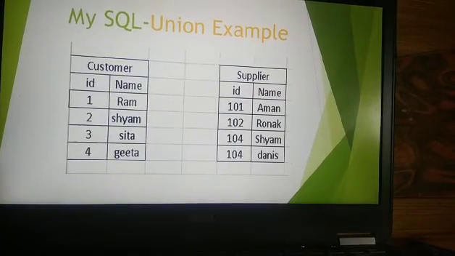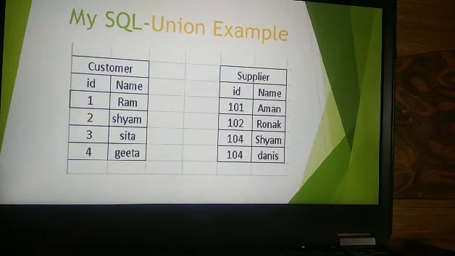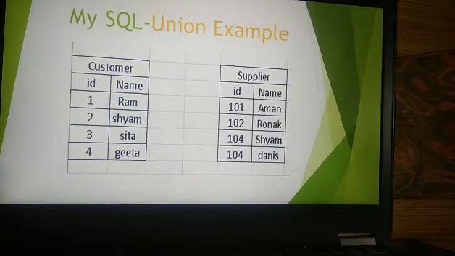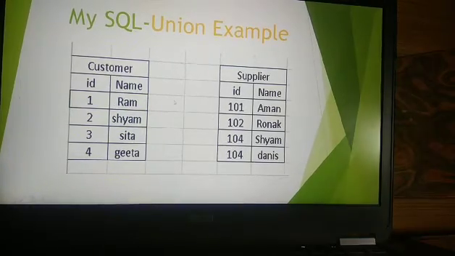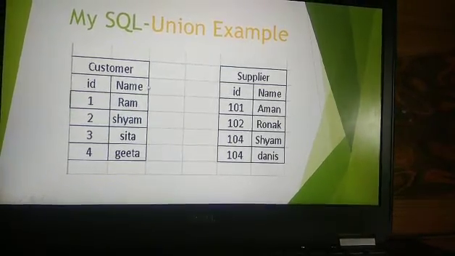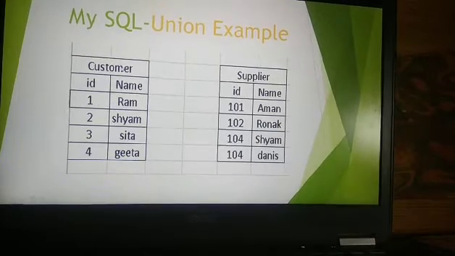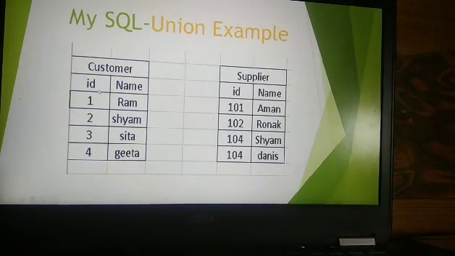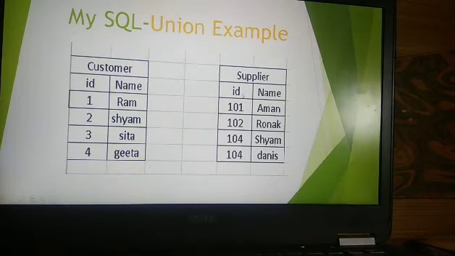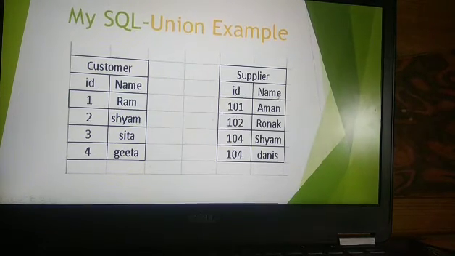Now we will take an example of how we can use the UNION operator. You can see in this example we are using two tables, the customer and supplier tables. In the customer table we have two columns, ID and name, and also in the supplier table we have ID and name.